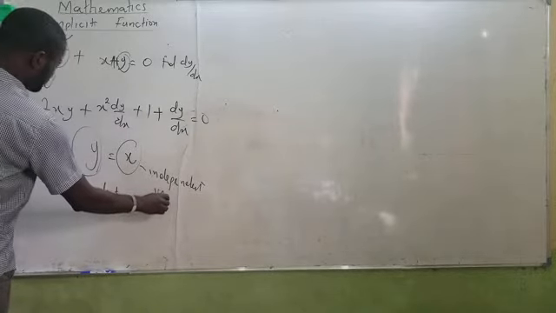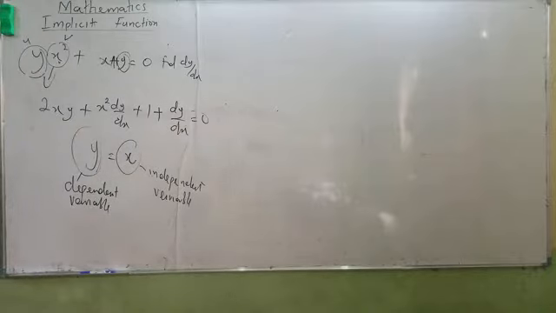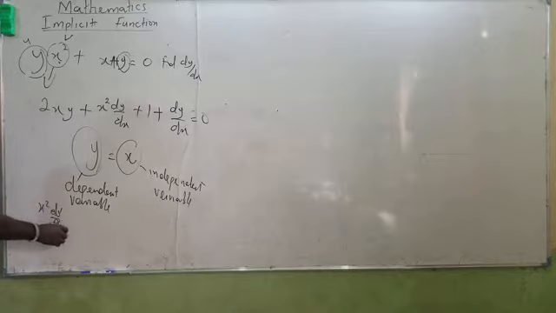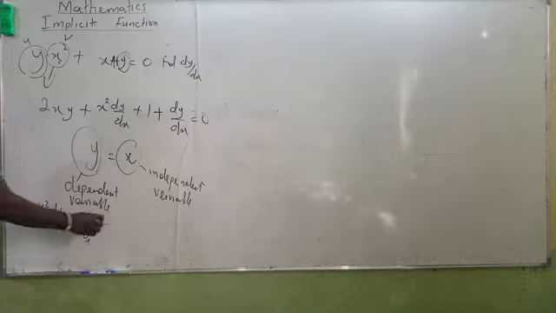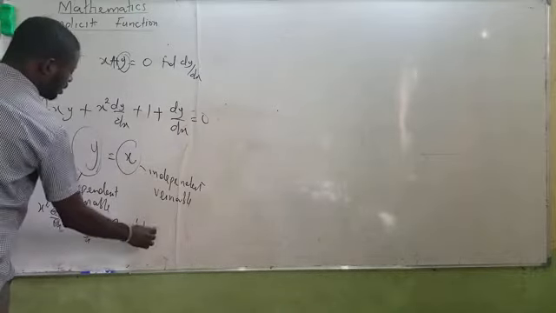Please take note of that. Very, very important. That is why anytime you differentiate this, you have to attach the dy/dx to it. For me to continue, I will have x squared dy/dx plus dy/dx plus 2xy plus 1 equals 0.